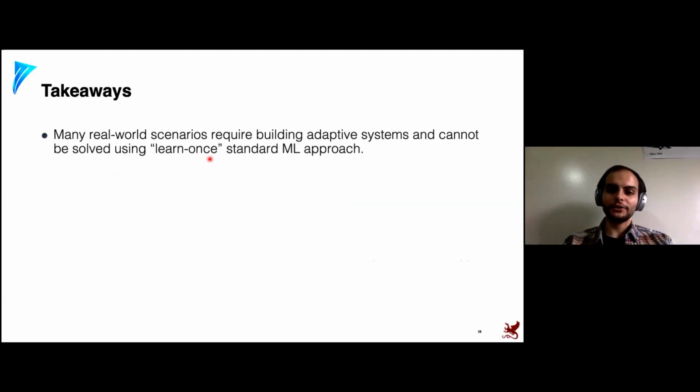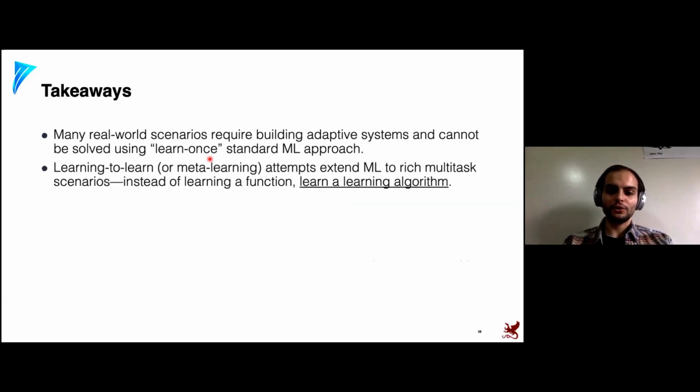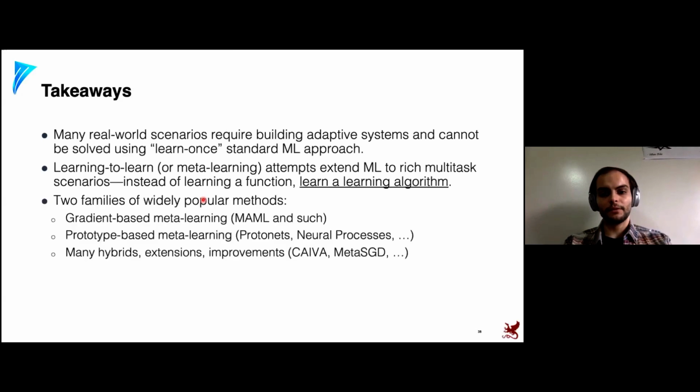And meta learning actually does that. It proposes to learn an algorithm, right? So learning to learn, or meta learning, attempts to solve this problem, and it defines this rich multitask setup. And instead of learning a single function, we try to learn a generic meta function that outputs functions for every single task. And so there are 2 families of methods that we consider.